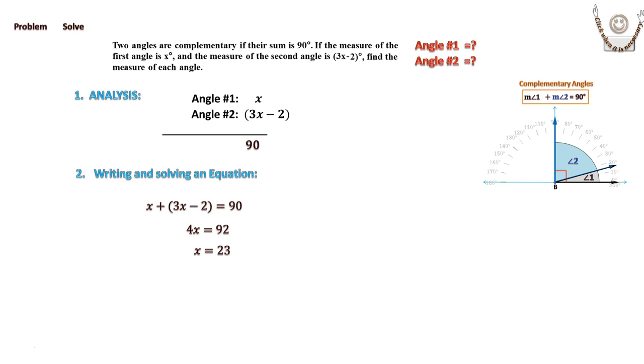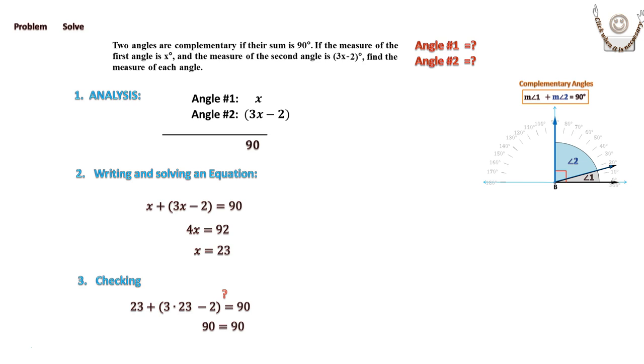We can solve this equation, removing parentheses, combining like terms, and solving for x. So x is 23. Checking. We have to replace x by 23 in our original equation and check whether the left side equals the right side or not.